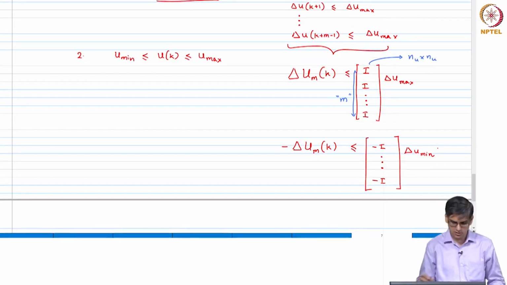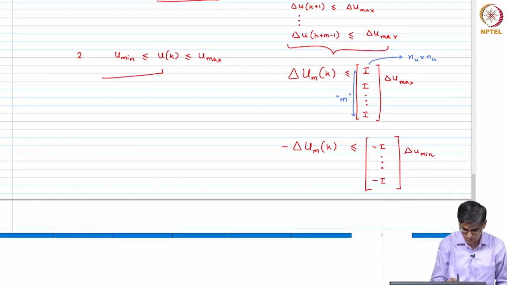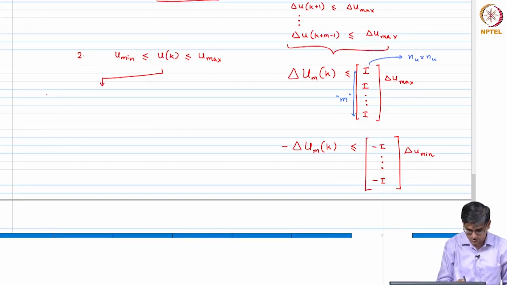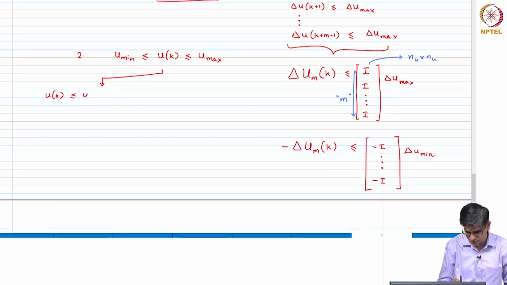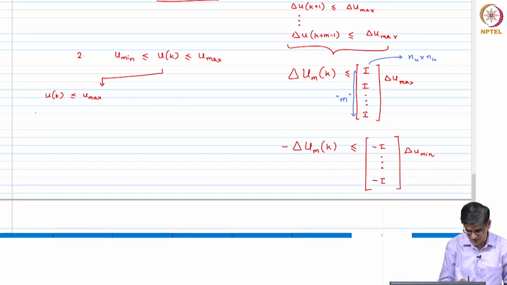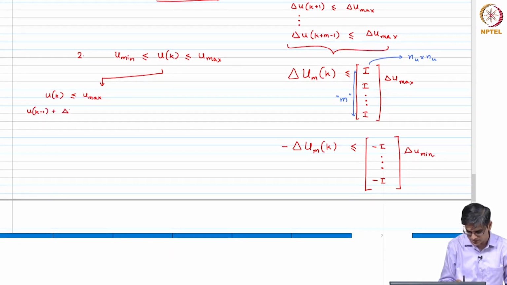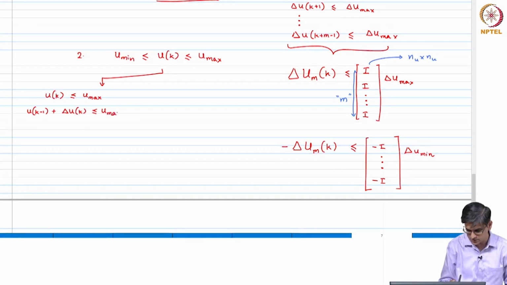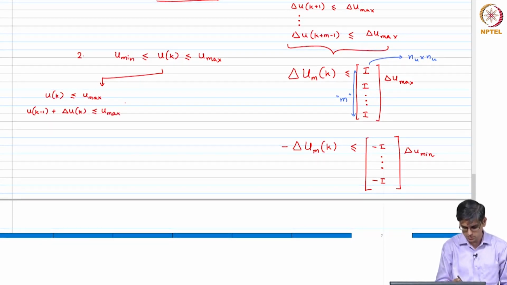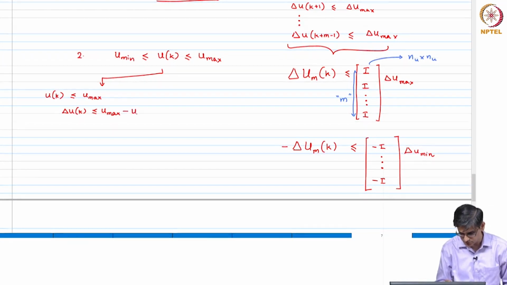What are your input constraints? Input constraints basically means uk less than or equal to u max, which is uk minus 1 plus delta uk less than or equal to u max, or delta uk is less than or equal to u max minus uk minus 1.